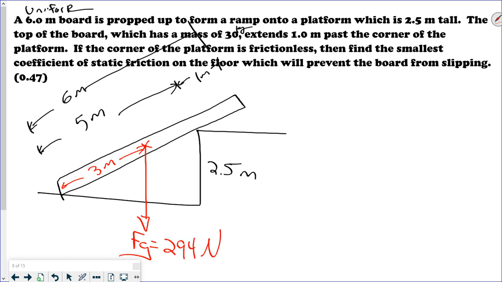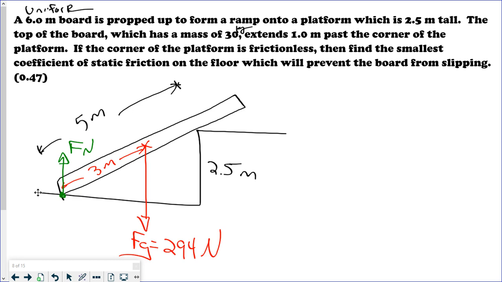Okay, so what other forces are there? Well, the floor is supporting it over here, right? So there's a normal force here. Let me clean up this drawing a little bit because it's getting cluttered. Okay, so there's a normal force there holding it up, right?